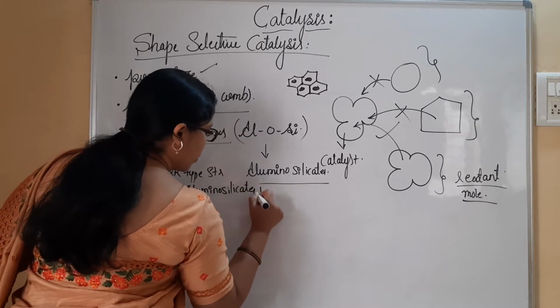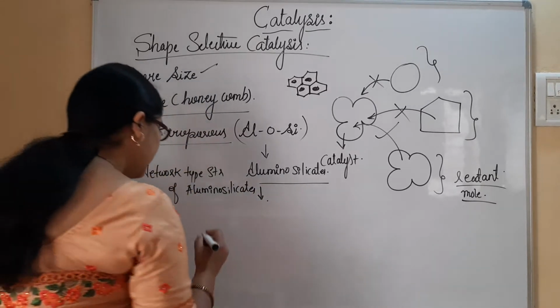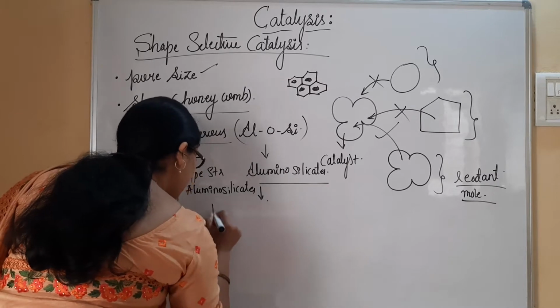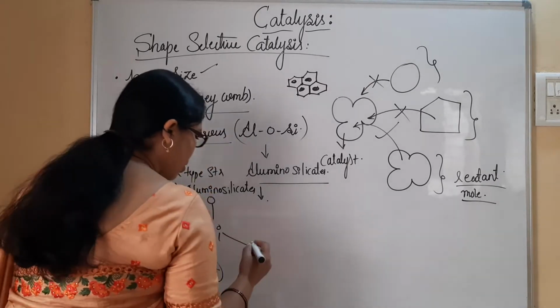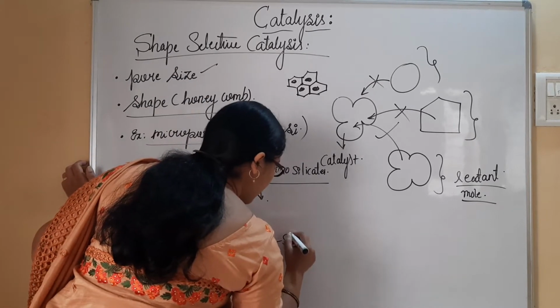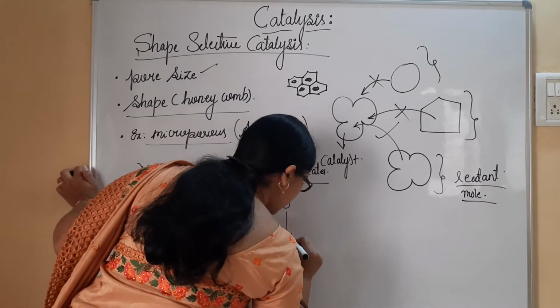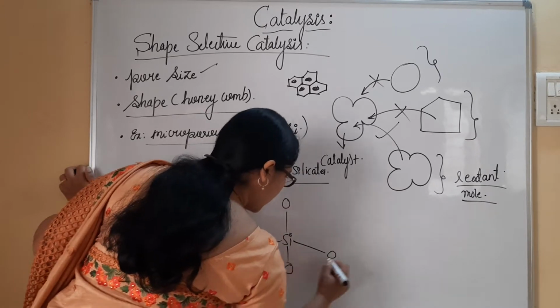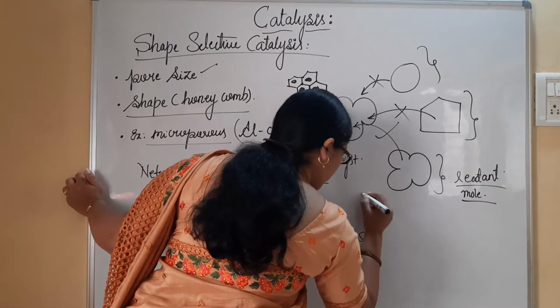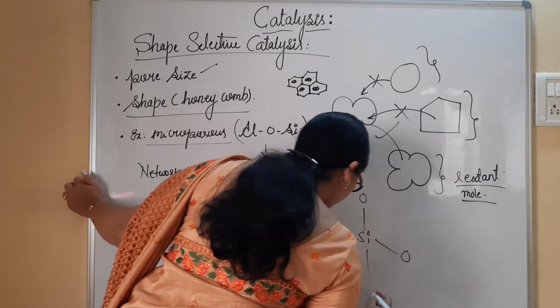If you consider this a silicon, it will be present at the center. Then you have one oxygen, and it binds with another oxygen and silicon bonding, and it will be like this, and so on it goes. Oxygen here also.